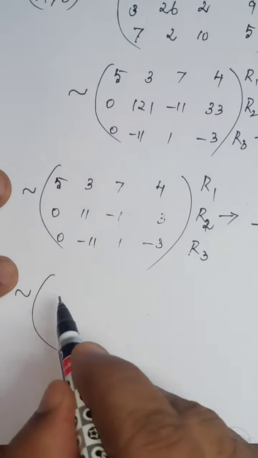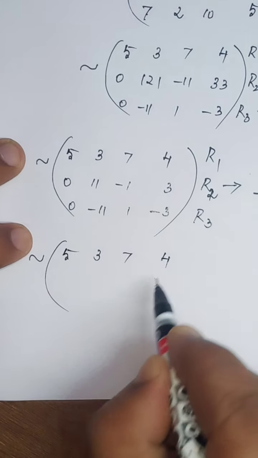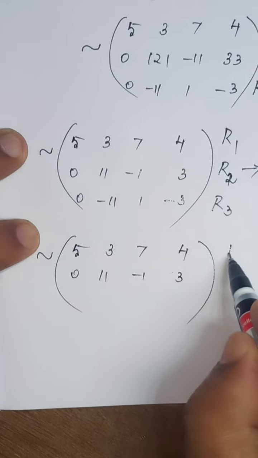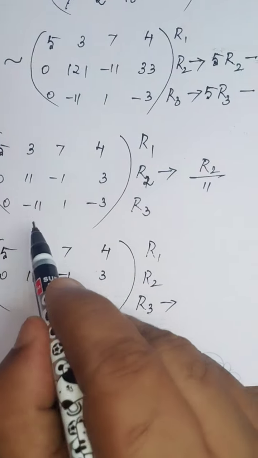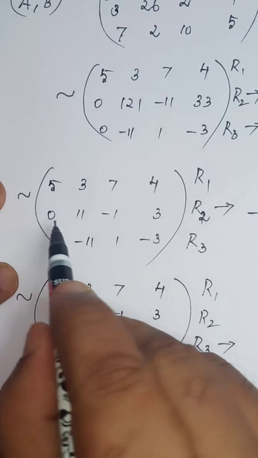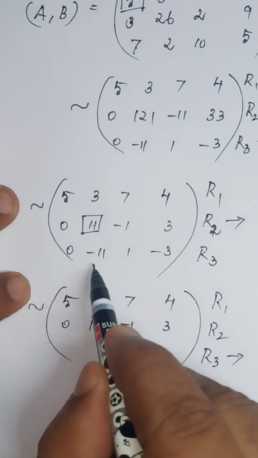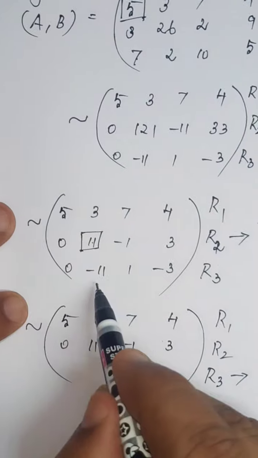Again equivalent matrix. Write the first row and second row as it is. R1 and R2 no change. Now R3: in the second row, this is the first non-zero number, and with the help of that number R3 has to be changed to 0. If you add directly you will get 0, correct? 11 minus 11, 0.